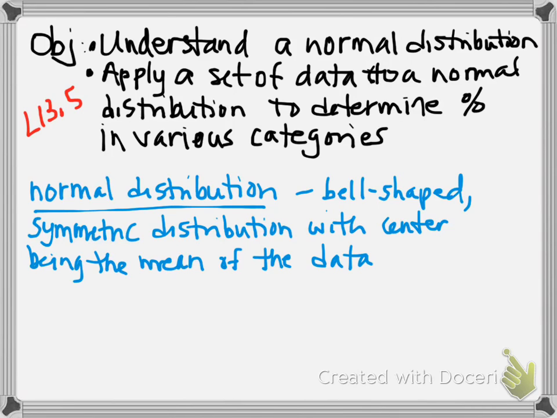So in other words, if things are spread equally to the left and to the right of the mean, that's considered normal. Now some people may say, well, what if the mean out of 100 was 12? They would still consider it a normal distribution. Welcome to college, where out of 100, 12 is the mean.